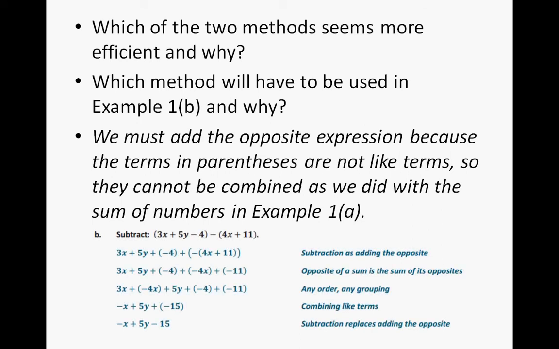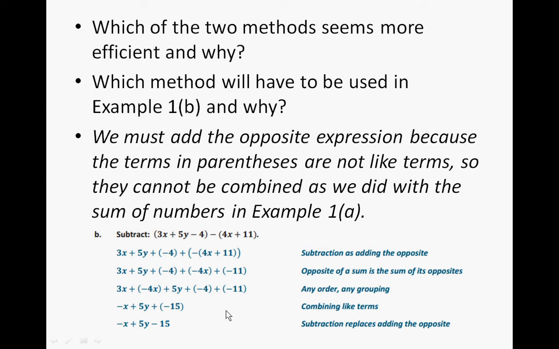So for part B, we would have to do subtraction as adding the opposite. So again, we are subtracting this quantity of 4x plus 11, which means that we're going to end up with negative 4x plus negative 11. Also, in our first quantity, 3x plus 5y equals a negative 4, or plus a negative 4, as opposed to minus 4.